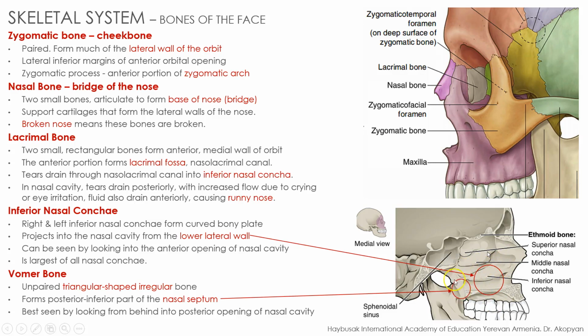And finally, the vomer bone, which is a triangular-shaped irregular bone. It forms the posterior and inferior part of the nasal septum as it articulates with the perpendicular plate of the ethmoid bone. Best seen by looking from behind into the posterior opening of the nasal cavity.